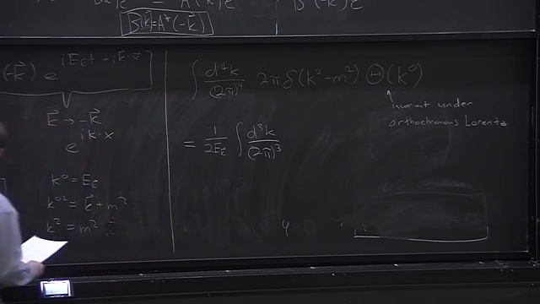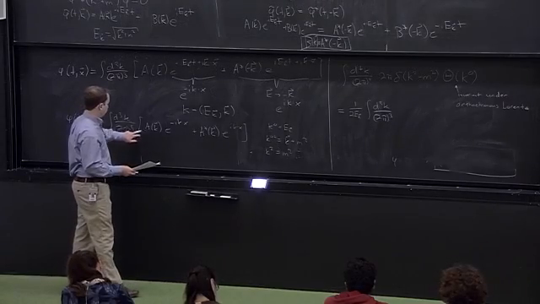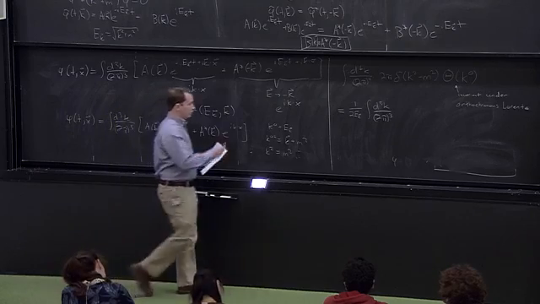And so we can make this Lorentz invariant by just pulling out a factor of 2 ek.